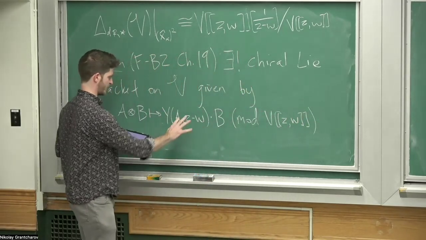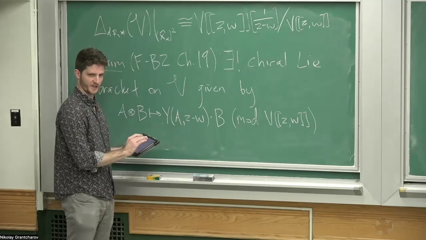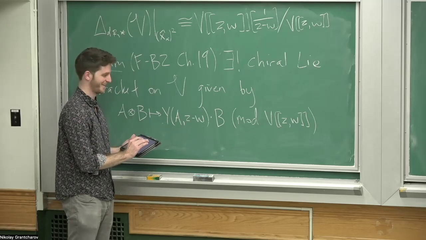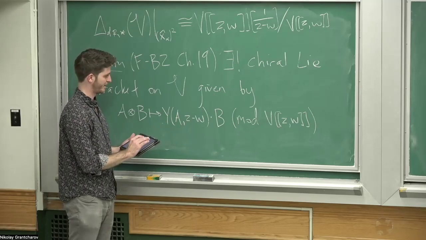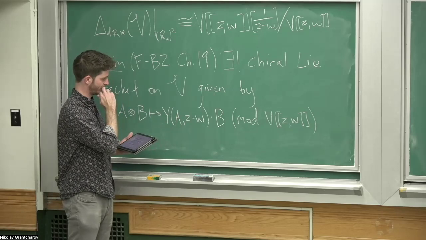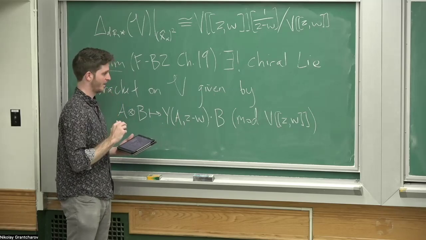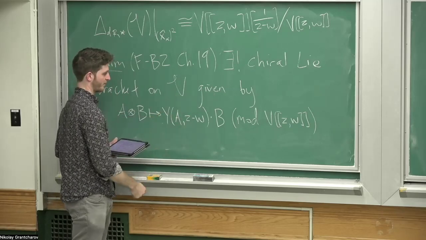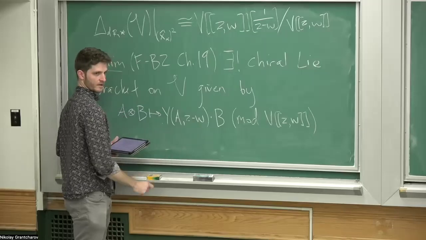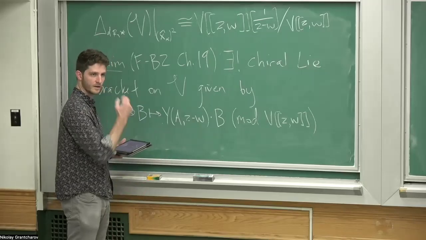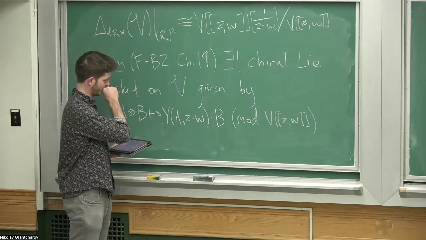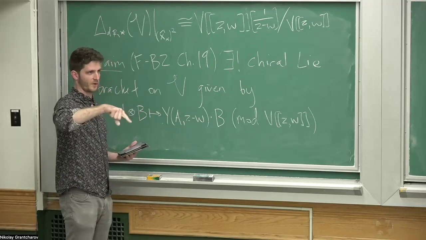Where, if I'm not mistaken, this makes sense because of the locality axiom. Am I saying some nonsense, or does that work? Probably. Well, I need this to actually be a Laurent series, with a finite number of terms. What does it mean to be a field? Locality is the commutator. This has to do with the order of the pole in z minus w.